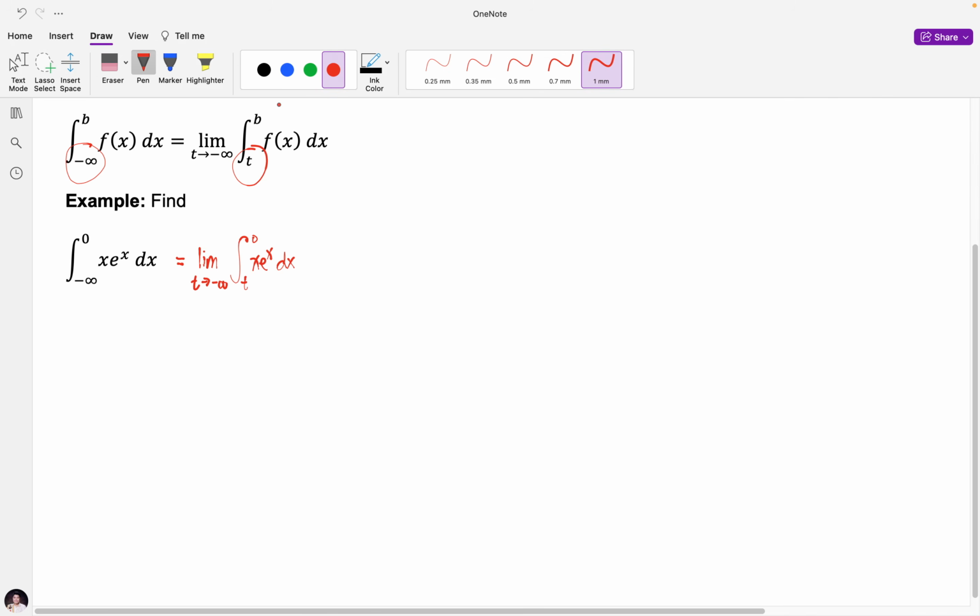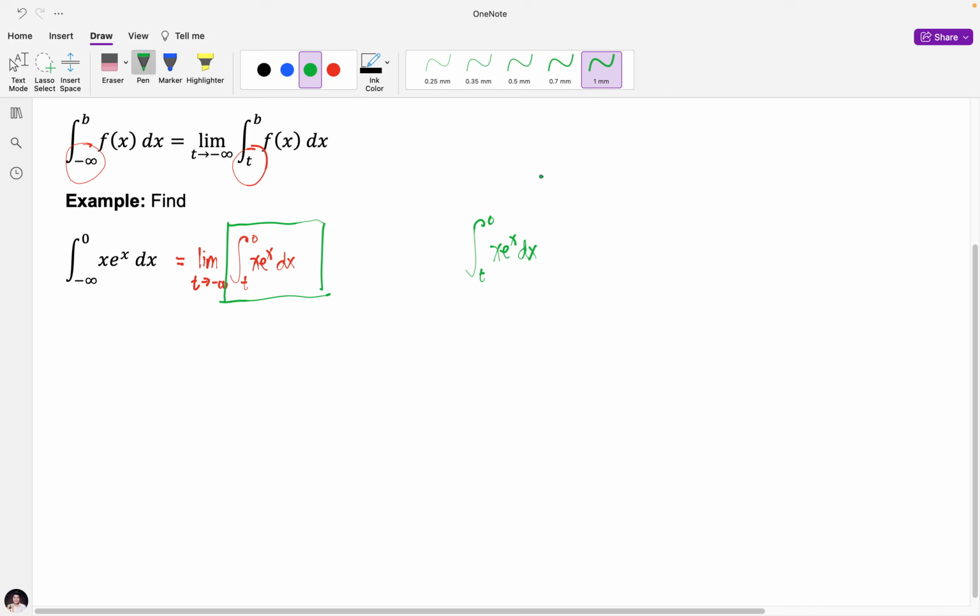So dito, first we will try to solve this definite integral first. So solving this definite integral, we have the integral of x times e raised to x dx from t to 0. Okay? So observe that this expression can be solved only if we will use integration by parts.